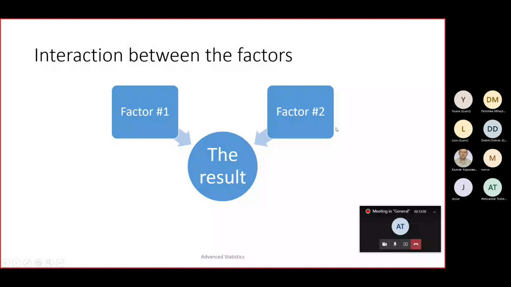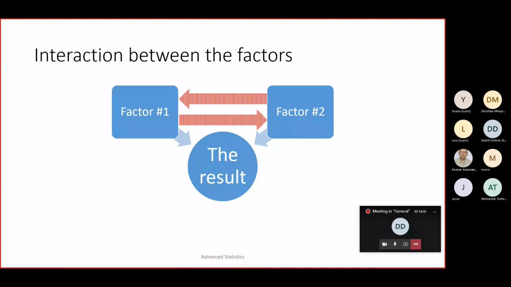So before analysis of the relation between each factor and the result, we must be sure that there is no relation between factors, that there is no interaction between factors.